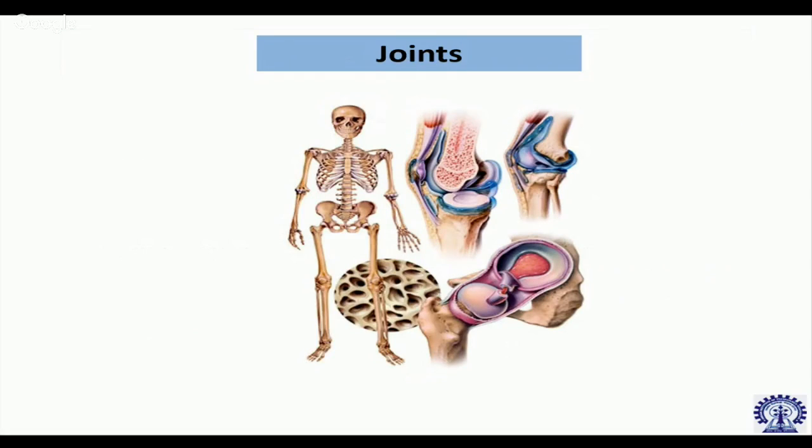So next we are taking into consideration the joints. There are several types of joints in the human body, and we will look into the types, but we have to be a little bit quick because this will give you an overview of the different kinds of joints.